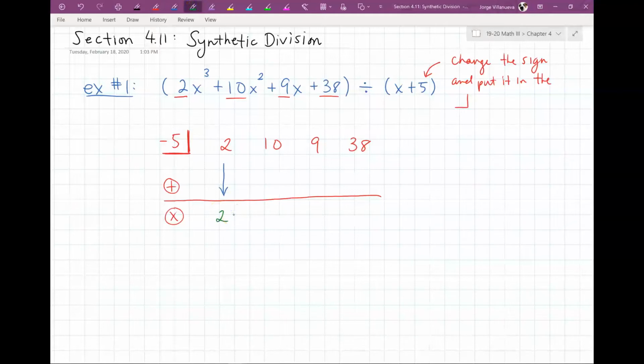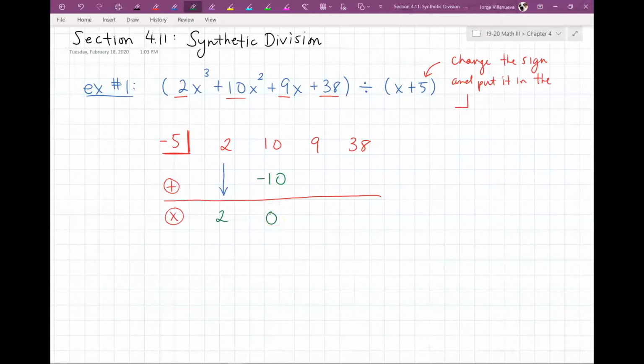Now multiply -5 times 2. Okay, so you're multiplying. So notice how there's a multiplication symbol here. Okay, because that's what you're going to multiply times that number in the half box. So -5 times 2 is -10. Now notice, since the -10 is above the line, that means you add now, right? So 10 plus -10 is 0.